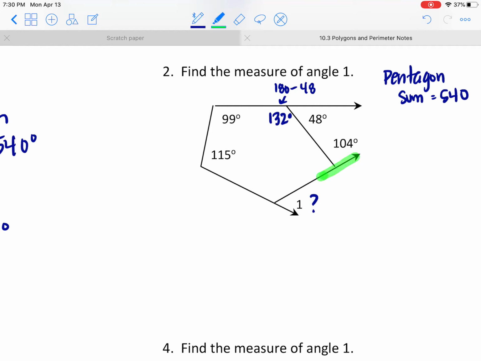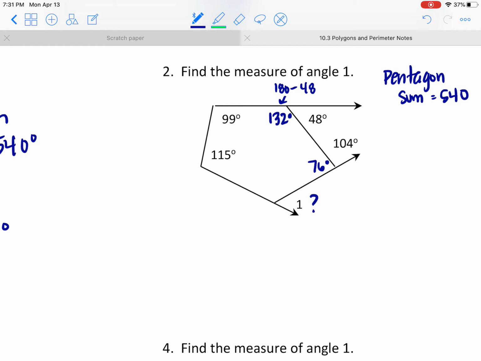All right, then we can do the same thing here. This is another straight angle, another 180 degrees. So 180 minus 104 will tell me that other angle. If I have 180 and I take away 104, that's going to leave me 76. So a 76 degree angle here.